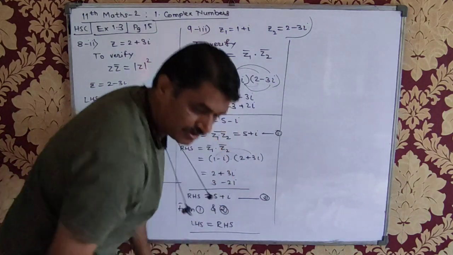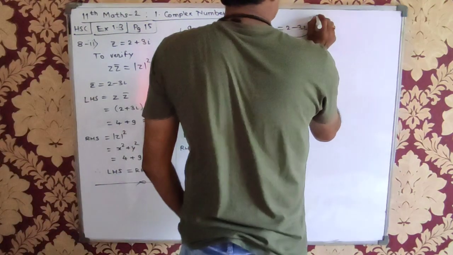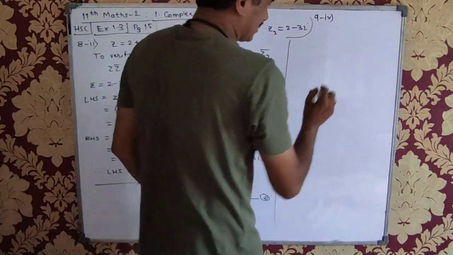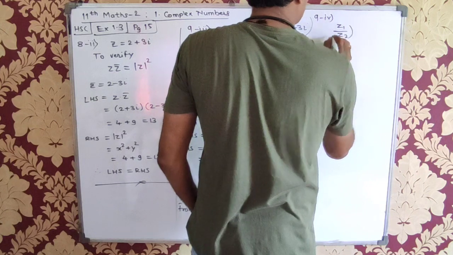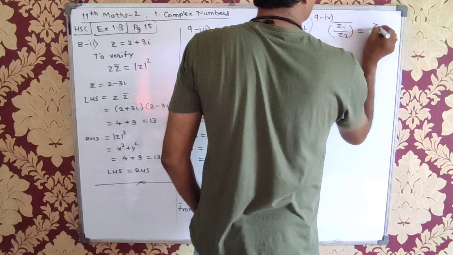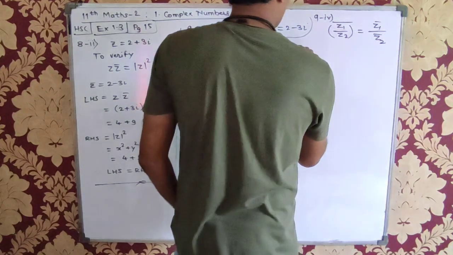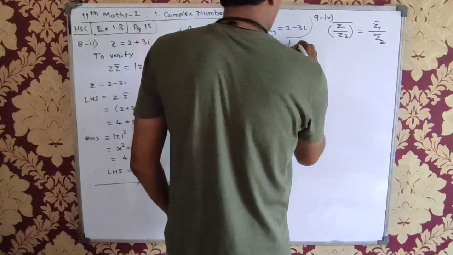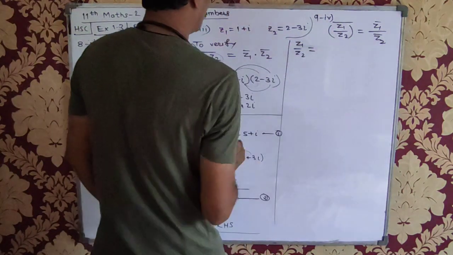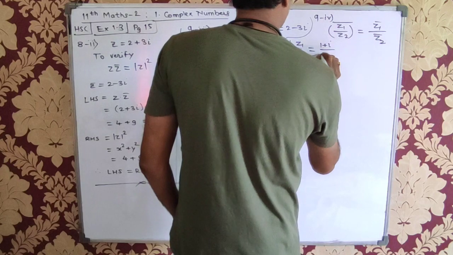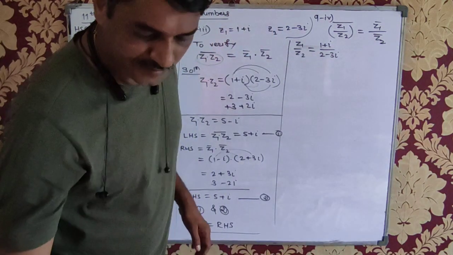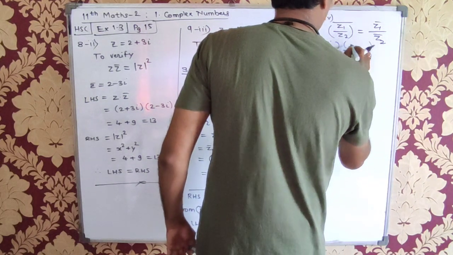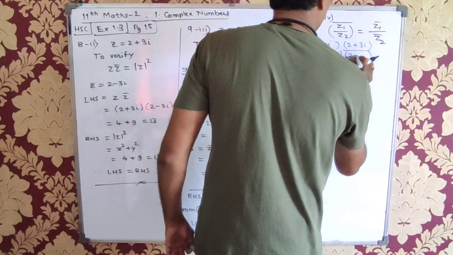Next, 9 part 4. With the same values of Z1 and Z2, we have to verify that the conjugate of Z1 upon Z2 is equal to Z1 bar upon Z2 bar. LHS: first of all, I will find out Z1 upon Z2, that is (1 plus i) upon (2 minus 3i). Multiply by (2 plus 3i) upon (2 plus 3i).